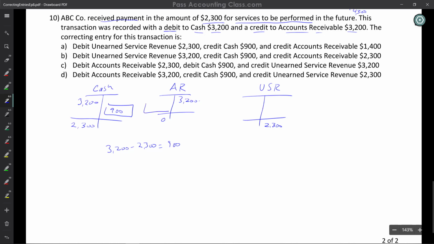So I'm going to debit accounts receivable for $3,200. And then for unearned service revenue, I have no balance and I need a $2,300 credit. So I need to credit unearned service revenue for $2,300. So my journal entry is going to be D. And that's where I debit accounts receivable $3,200, credit cash $900, and credit unearned service revenue for the $2,300.